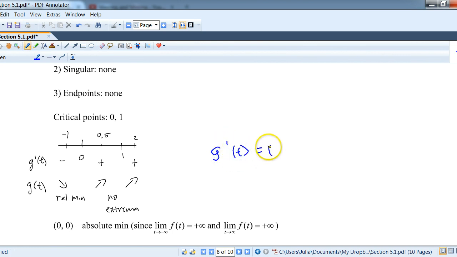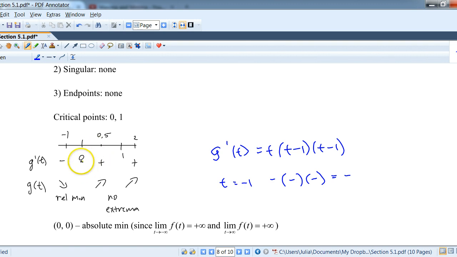So g prime of t is equal to t times t minus 1 times t minus 1. Or you could have put t minus 1 squared. Same thing. So if we have negative 1, notice we'll have negative, and then negative, and then negative. So 3 negatives, and so the product would be negative as well.